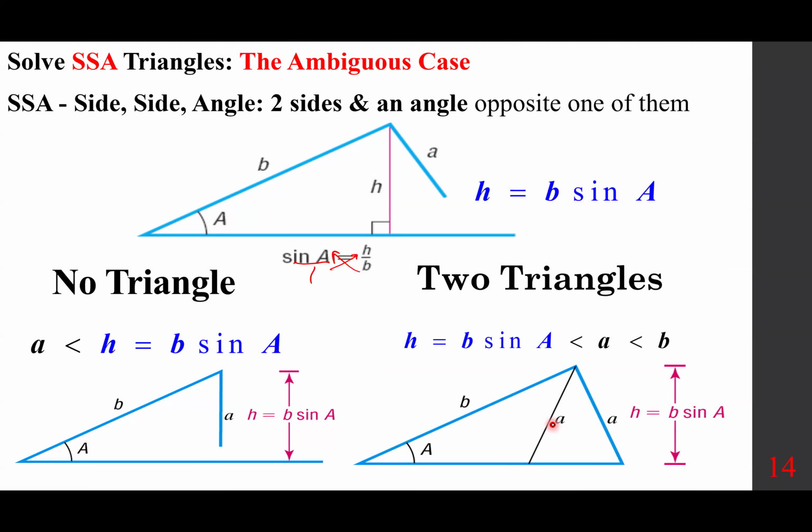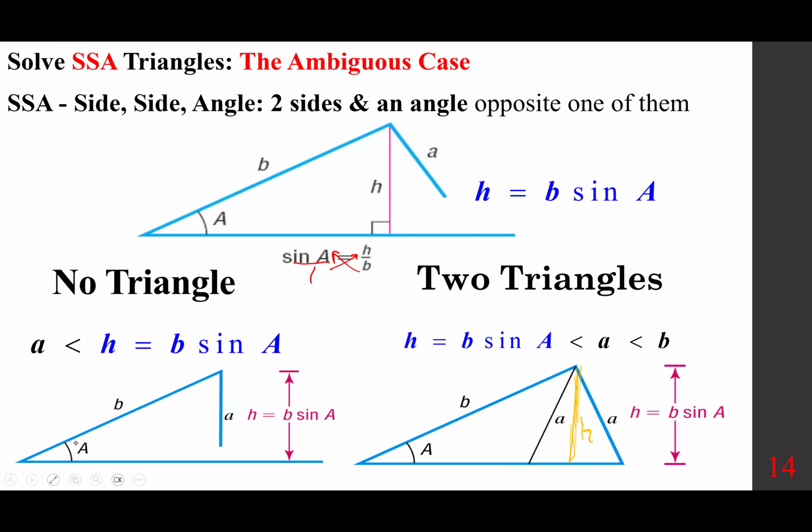This distance, everybody, let me drop a perpendicular. This is H. When that happens, the possibility would be this large one or this one.